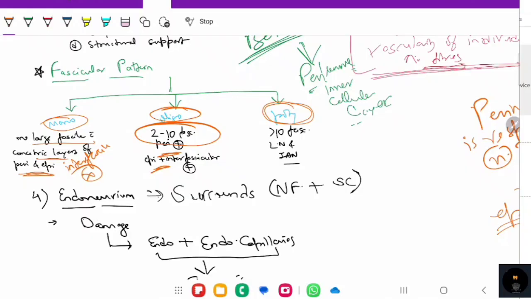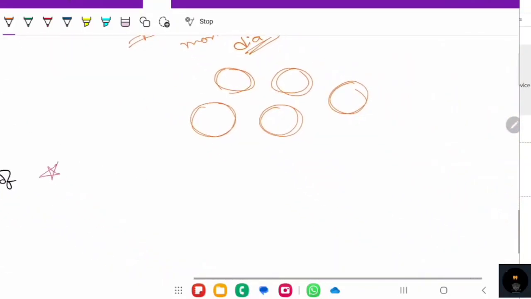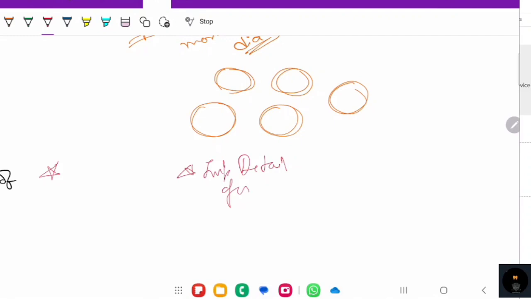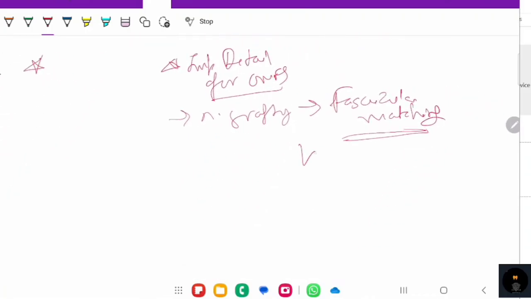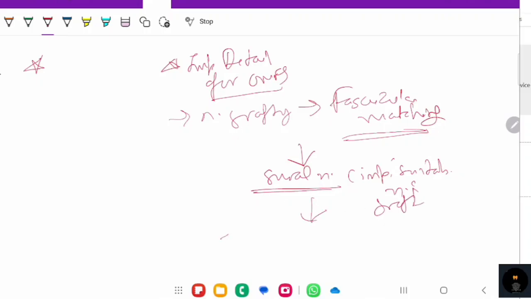Now, what is the clinical relevance of fascicular pattern? Why do we need to know the number of fascicles? Because once again, this is a very important detail for OMFS, that whenever you do nerve grafting, fascicular matching is very important, and that is why sural nerve is considered to be a very important and suitable nerve graft in case of injury to inferior alveolar or lingual nerve.